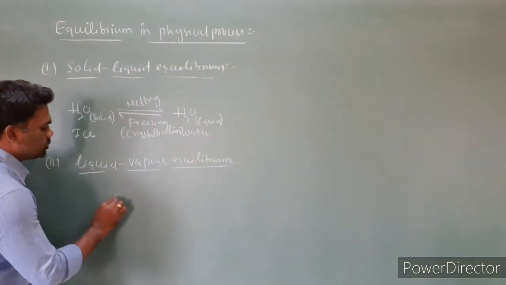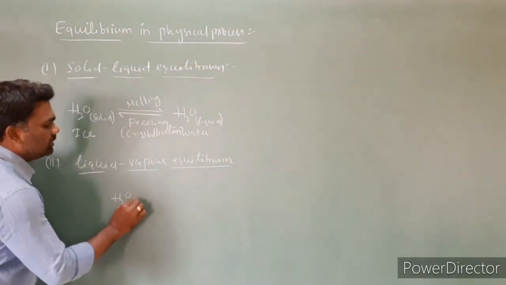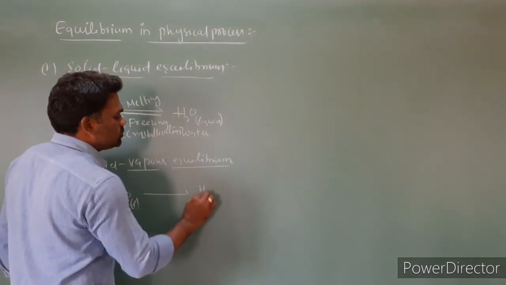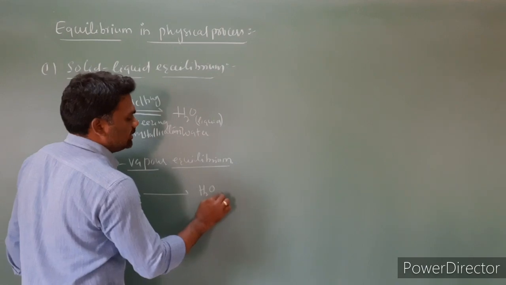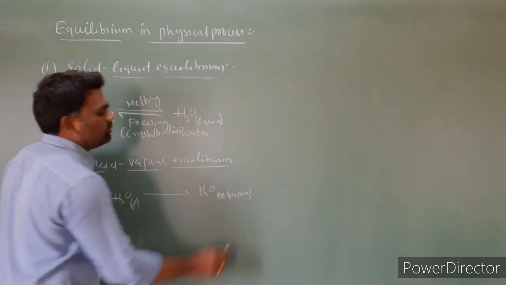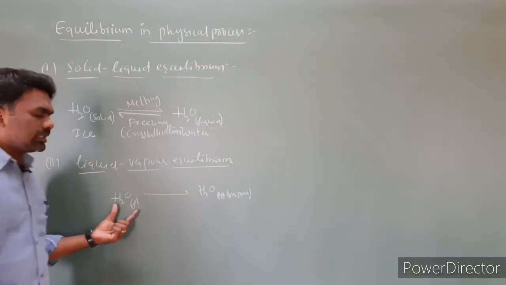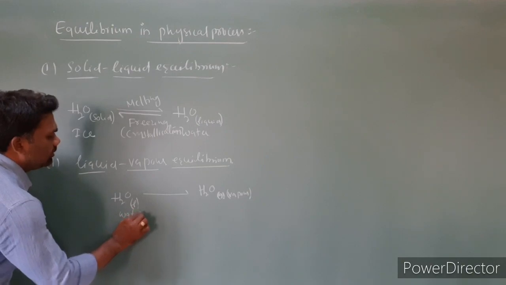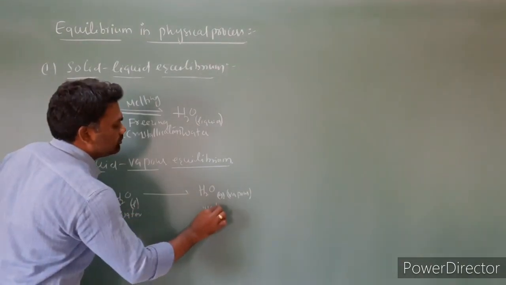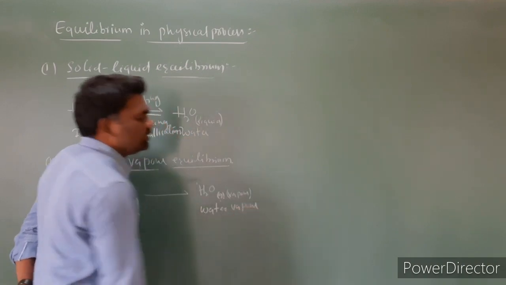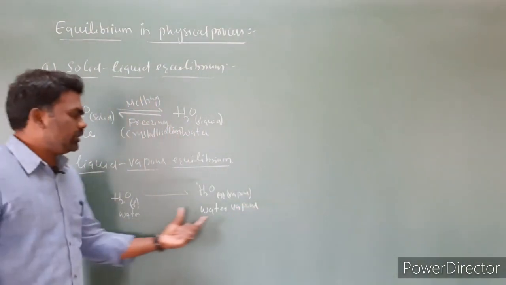So H2O in the form of liquid is converting into H2O in the form of gas, which is nothing but vapor. Water is liquid and this is water vapor.